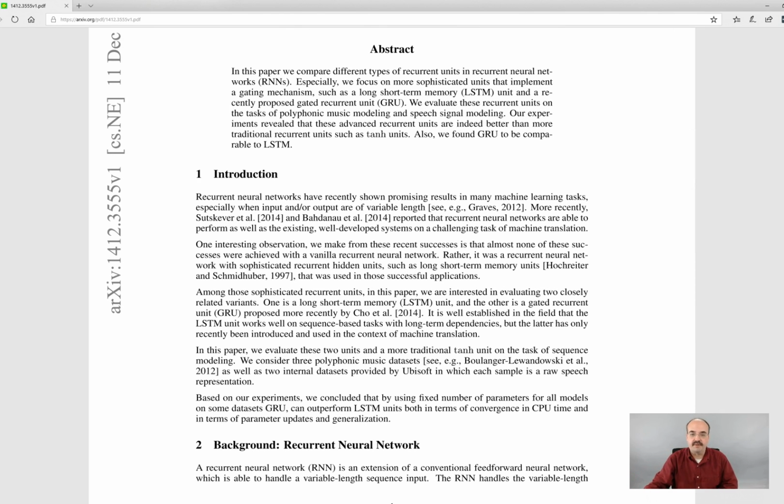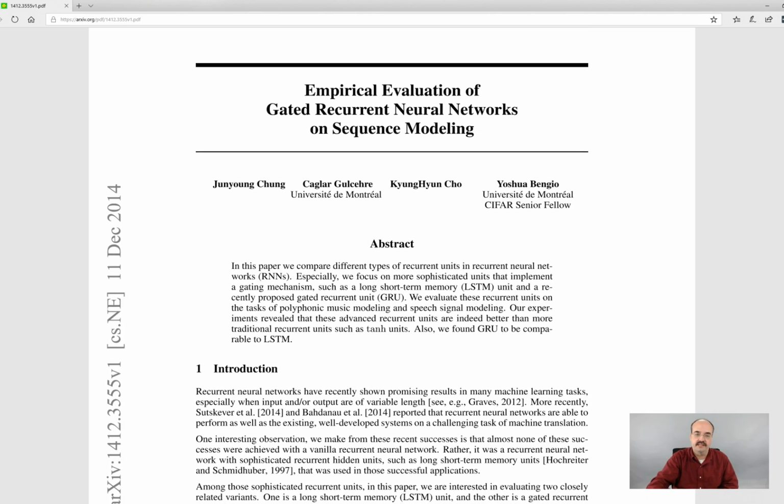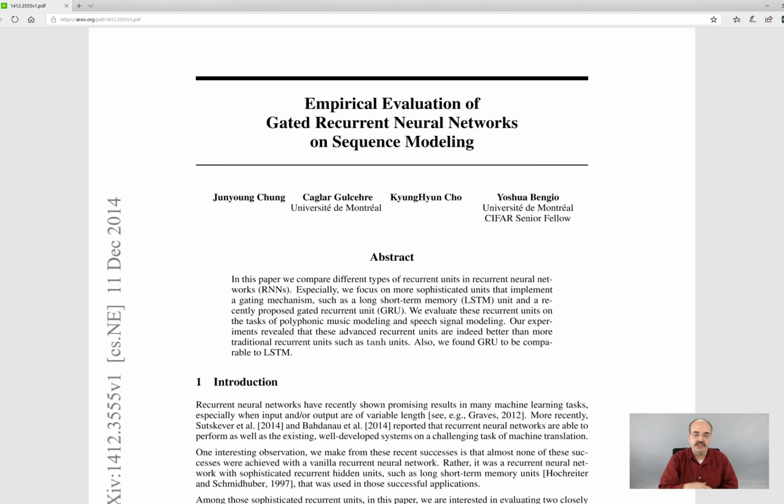This is not the academic paper that introduced the GRU, but it's an empirical evaluation of gated recurrent neural networks. Empirical just means experimental. So they're not doing any sort of mathematical proof or hand waving. They're just literally trying it on test data and showing you what a GRU can actually accomplish.